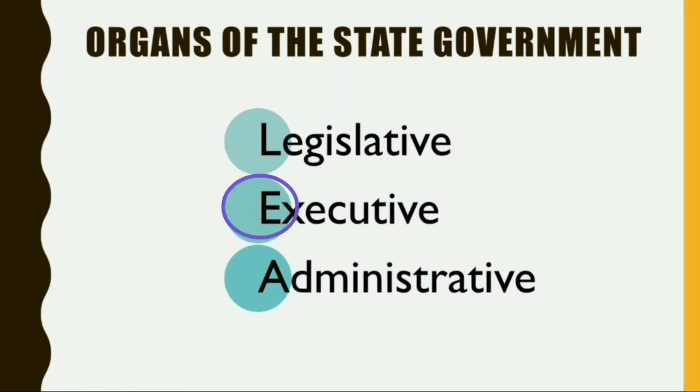And third is the administration or judiciary, which enforces the laws. This organization of work is also called separation of powers. It helps the system to function smoothly without any duplication of work. Powers and responsibilities are clearly separated.